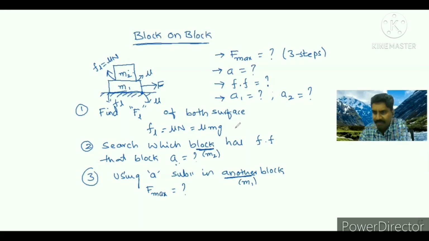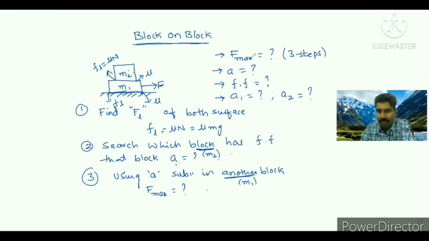These are the three steps. First, find out the limiting friction between the two surfaces. Next, find which block develops a frictional force and calculate that block's acceleration. Then substitute that acceleration value in the other block, and we can get F max.